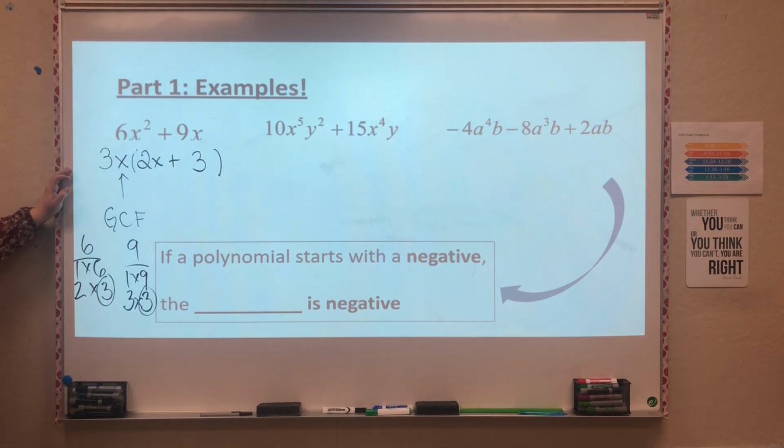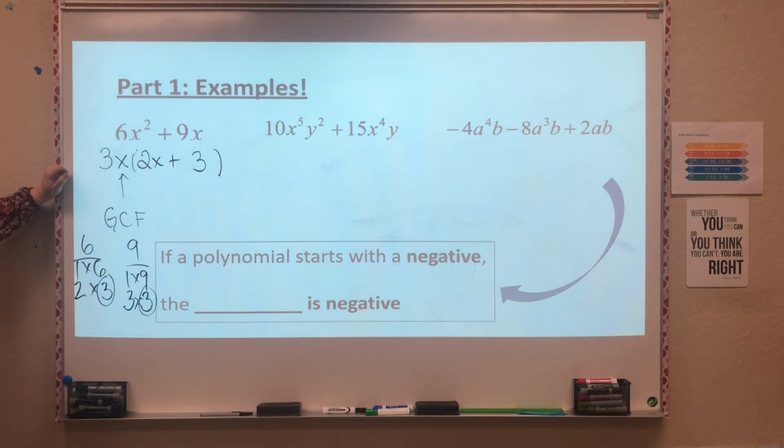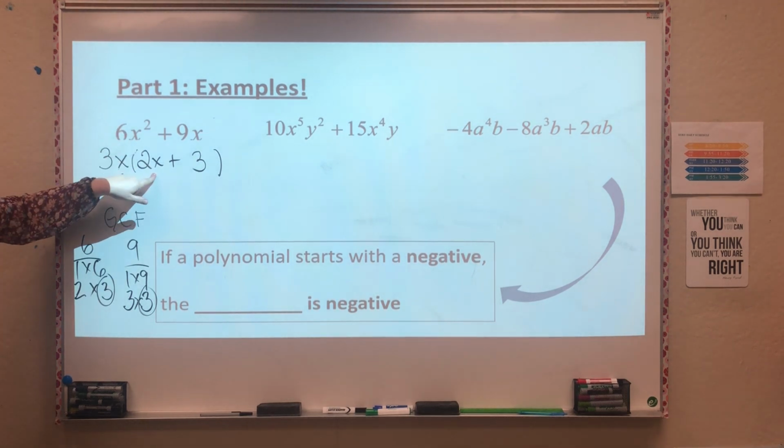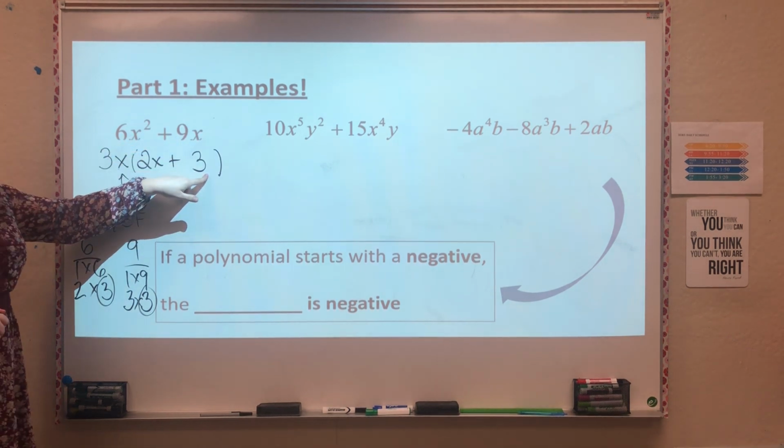The other way you can figure it out, instead of thinking like what I need to multiply it by, do you know the other way? Which you could divide it by? Yeah. So using what we've got up here, 6x squared divided by 3x gives me 2x. 9x divided by 3x gives me 3.